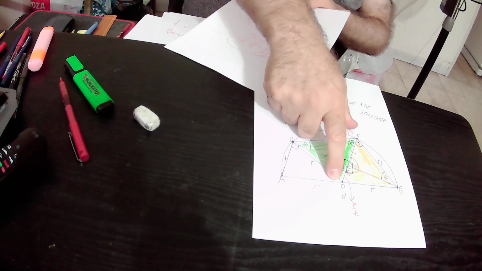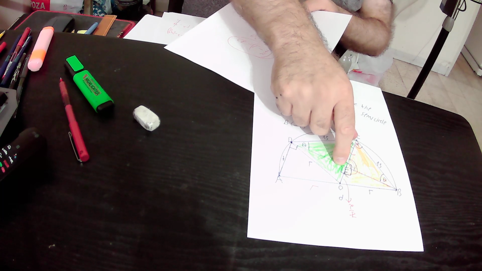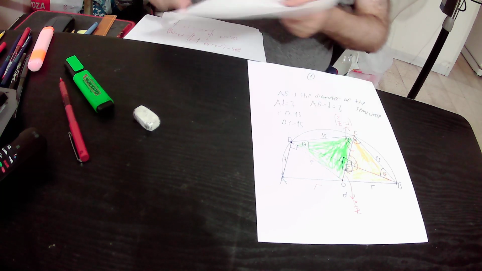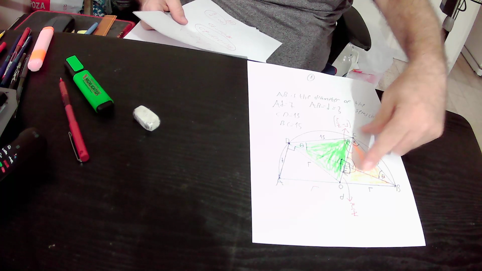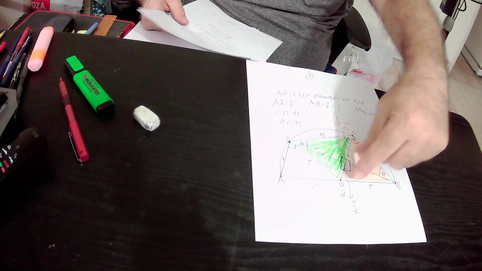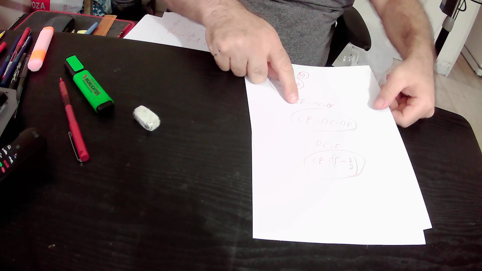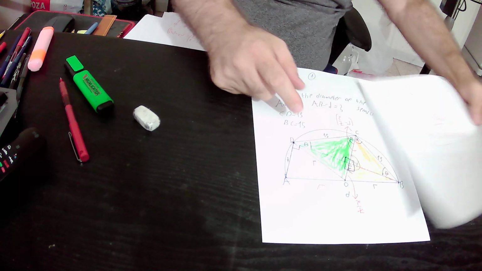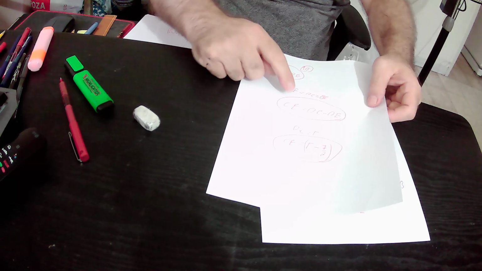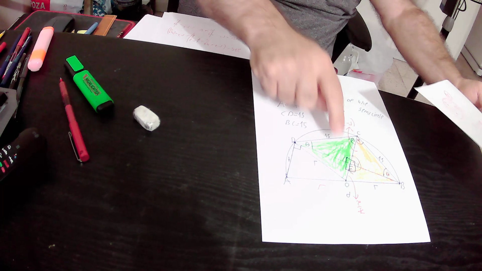Again, EC equals OC minus OE. But we know that OC is the radius of the circle, so OC equals R. And OE equals 7 over 2.